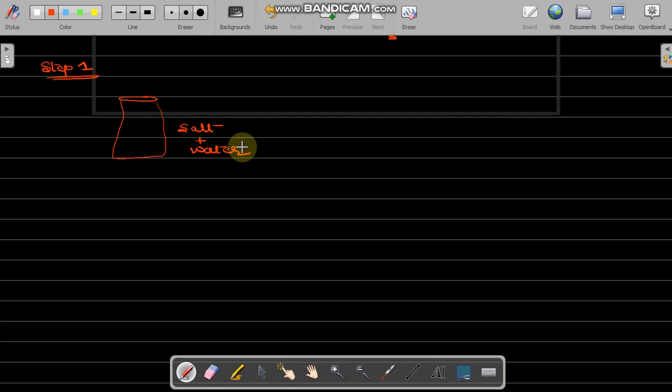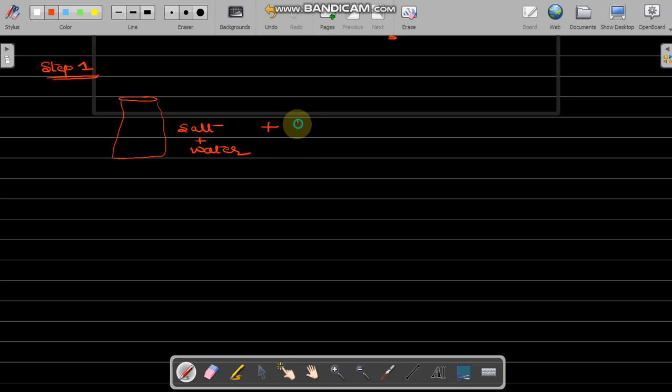Always take a very small amount of the salt. The reason being, if you take more salt and less water, then you won't be able to analyze whether the salt is soluble in water or not. So always take a very little amount of salt and more water, shake it, and it will dissolve.